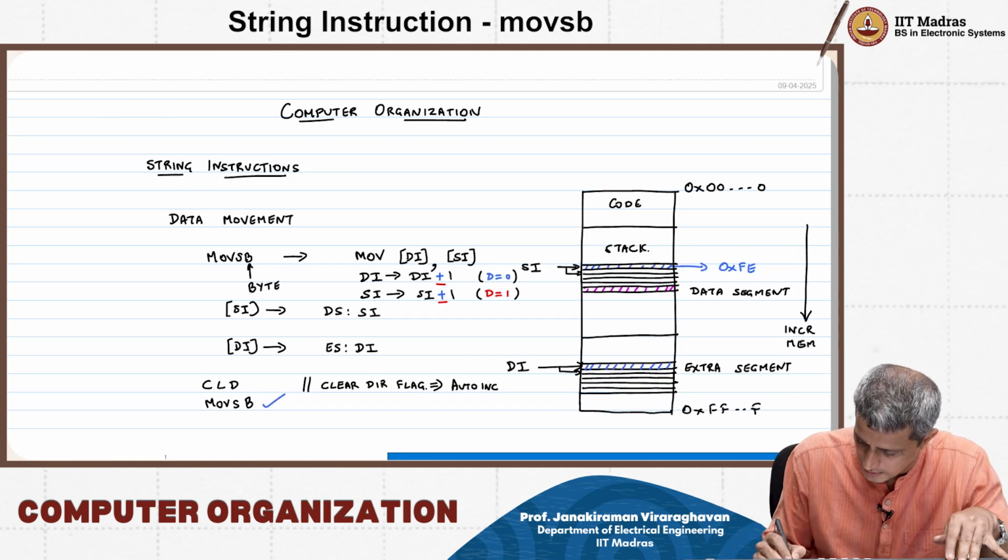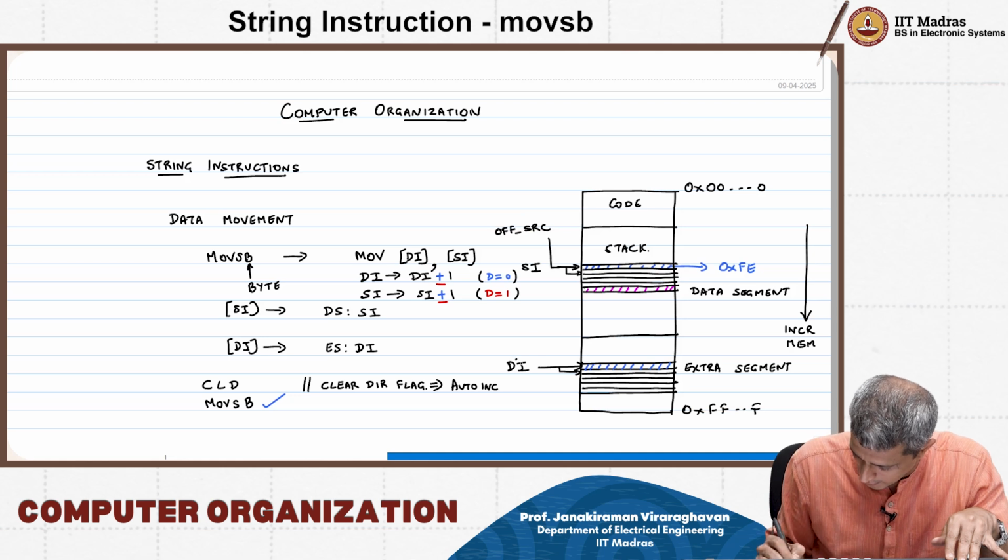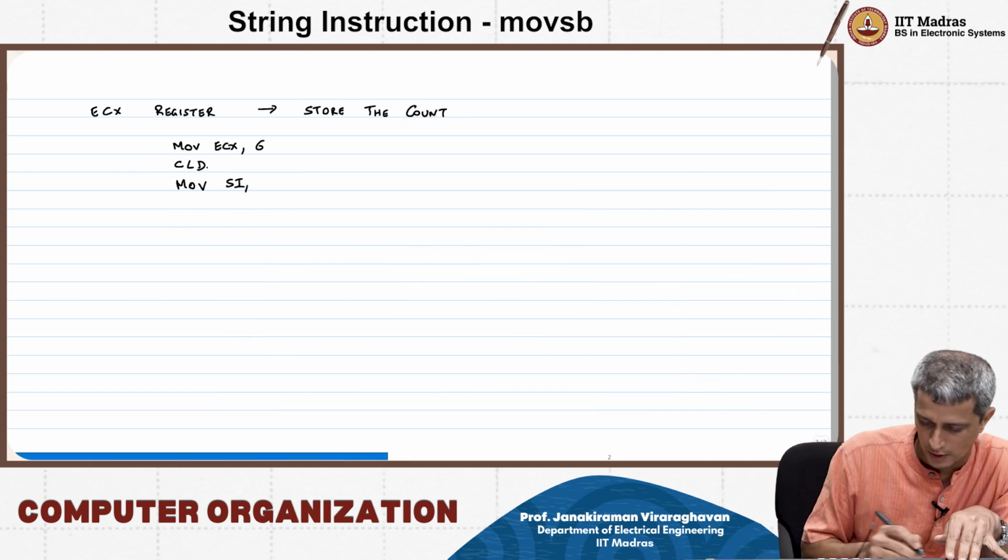So let us say this is offset source and this one is offset destination, right?